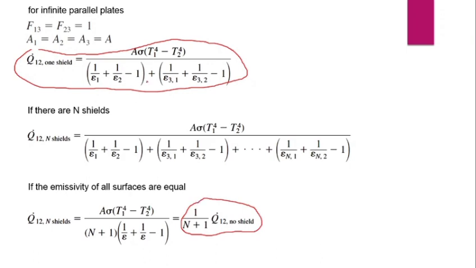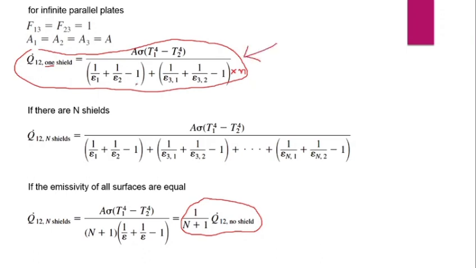If suppose there are multiple shields between two surfaces, suppose there are n shields, then you have to multiply this expression with n. So if there is one shield, in that case n will become 1. So we need to remember this formula, right?